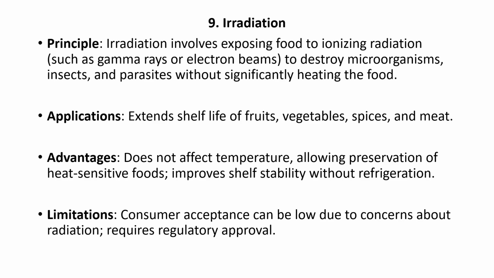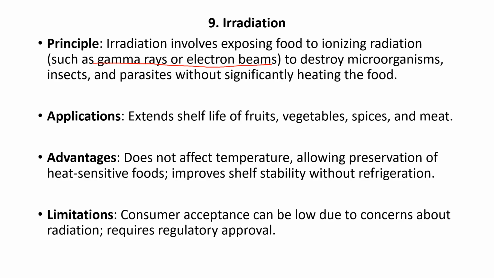Next is irradiation. The principle involves exposing food to ionizing radiation such as gamma rays or electron beams to destroy microorganisms, insects or parasites without significantly heating the food. Application: extends shelf life of fruits, vegetables, spices and meat.